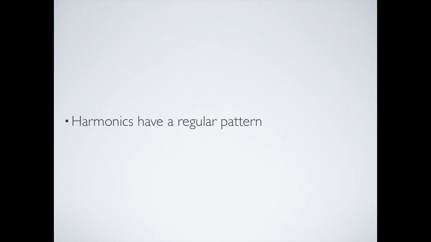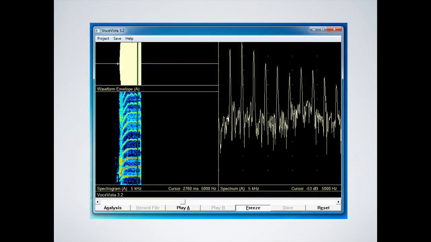I'll show you on Voce Vista. Here's a note being sung. Now, this first peak here is the fundamental, and we hear that as the pitch being sung. And then you subsequently have these harmonics that follow. So the fundamental is also called the first harmonic, then you have the second, third, fourth, fifth, and so on.